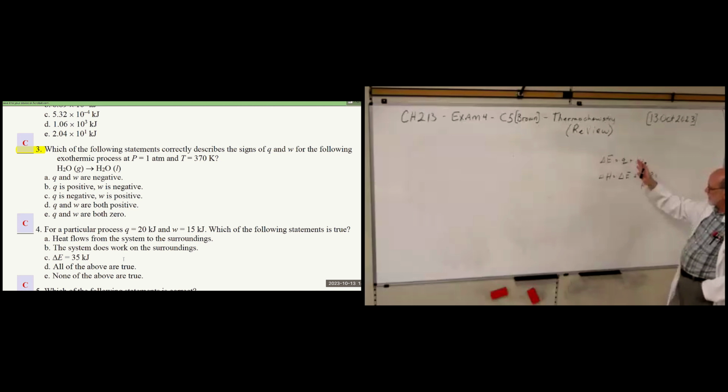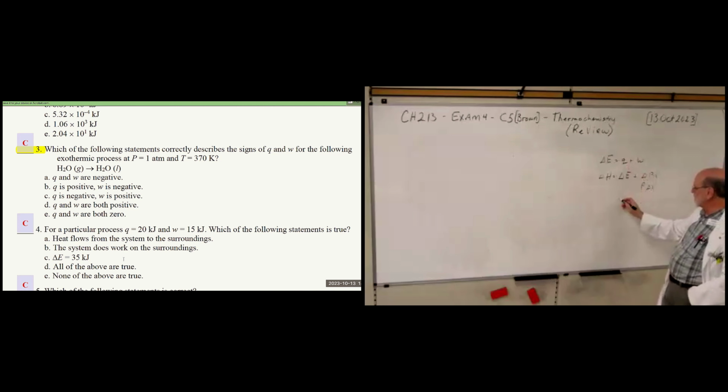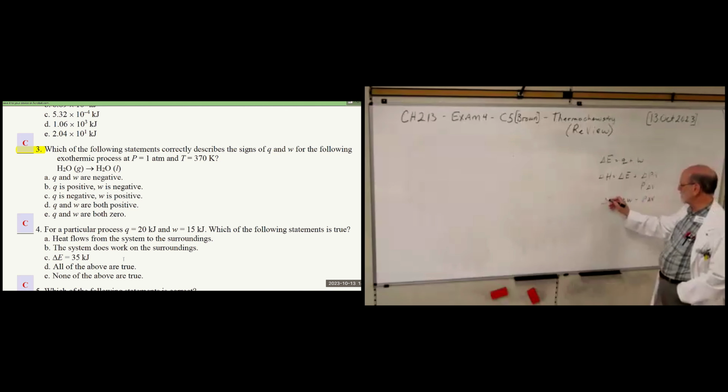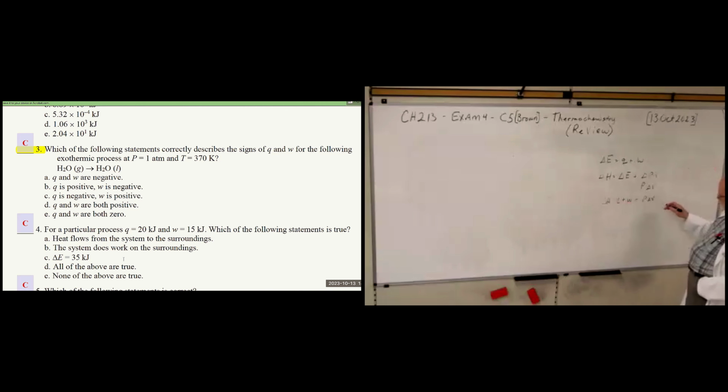Then we filled in values: Q plus W plus P delta V equals delta H. And W equals negative P delta V. Remember that one? So when you put that in, negative P delta V, these two cancel. So when pressure is constant, delta H equals Q. If that sparks a memory.